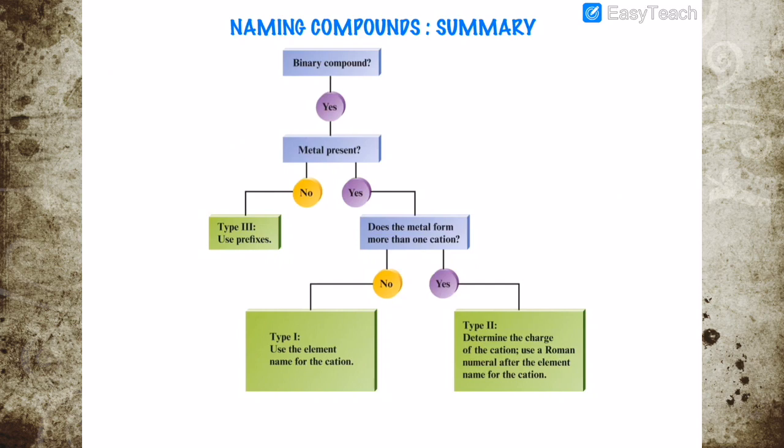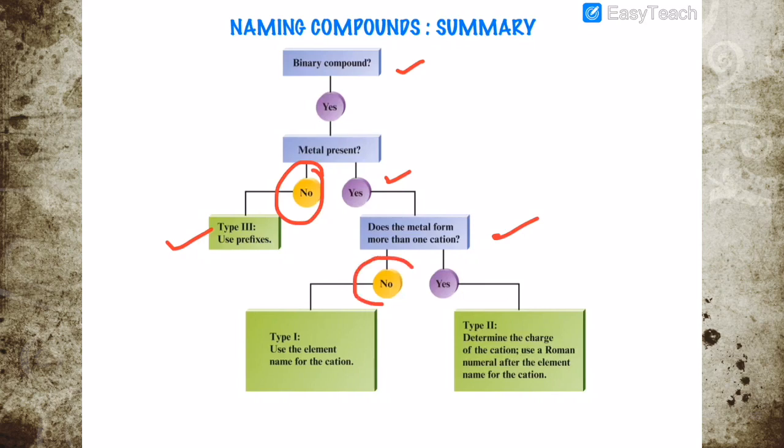To summarize, if you have a binary compound, the second question that you have to ask is, does it contain a metal? If it is a no, then you name it by following the rule of type 3, which is using the prefixes. If it contains a metal, then you ask the question, does the metal form more than one cation?